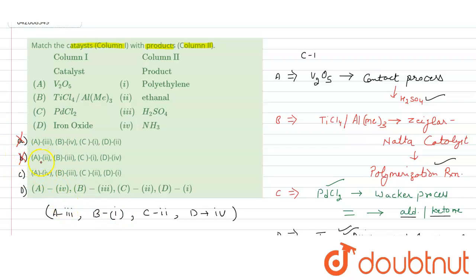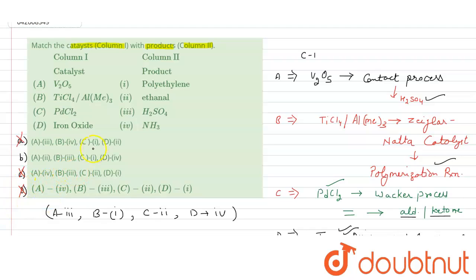The second option is also wrong because we are getting A third, and C fourth. And here A is second, with V2O5 for H2SO4 and ethanol, and here C is fourth, and A is fourth. This is also a wrong answer. So if I talk about C, it is a wrong answer, because then A is also fourth.